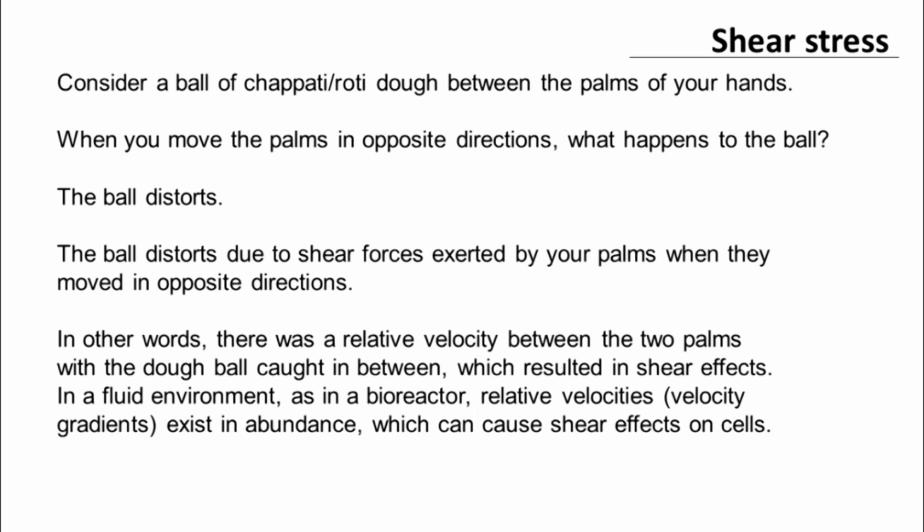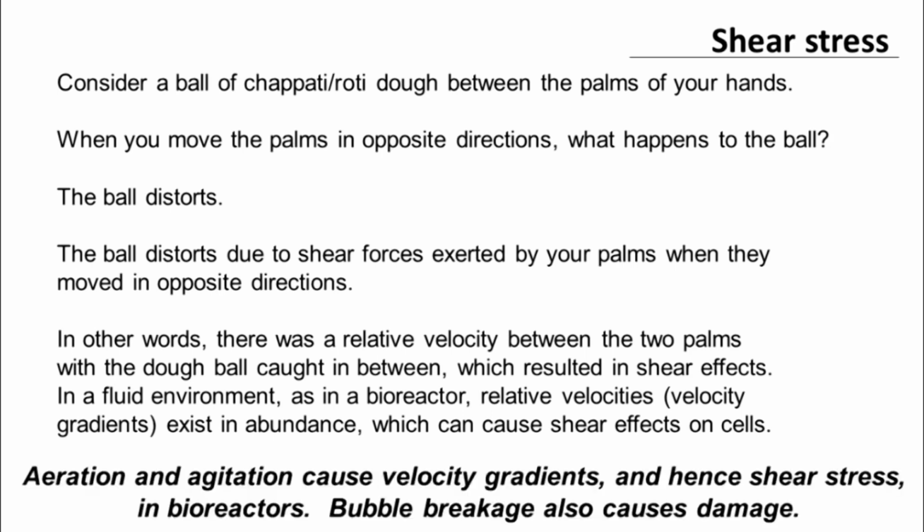The velocity gradients are brought about because the fluid is moving. The fluid is moving because of the agitator that is present there, or the agitation that is being caused, or the aeration that is being employed. The aeration also displaces the fluid and causes velocity gradients. Therefore, it can cause shear stress.